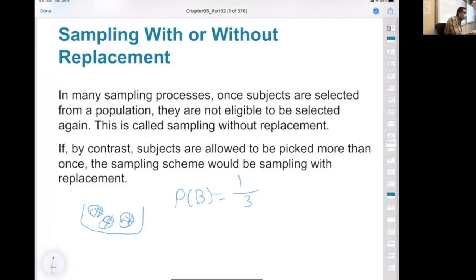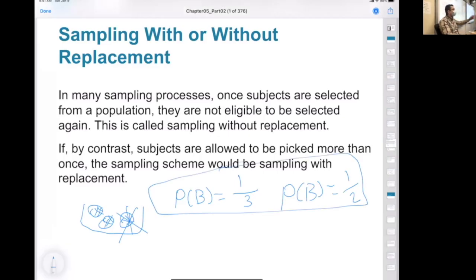So here, the number of balls in the box is reduced by 1, right? So now the probability for the second ball will be 1 over 2. When we say without replacement, that means you will not put the ball back in the box.